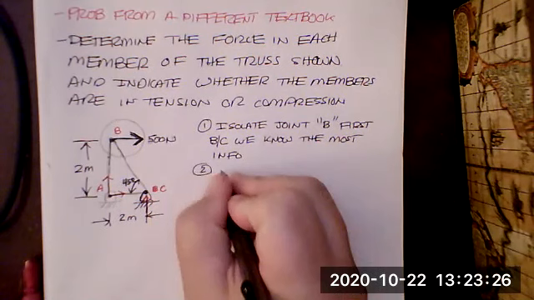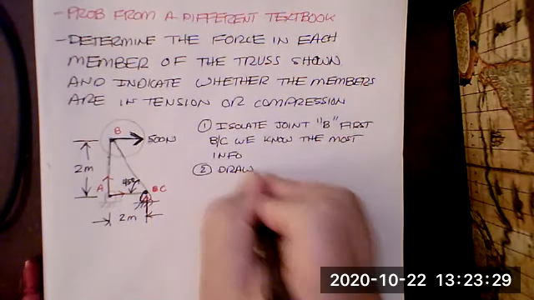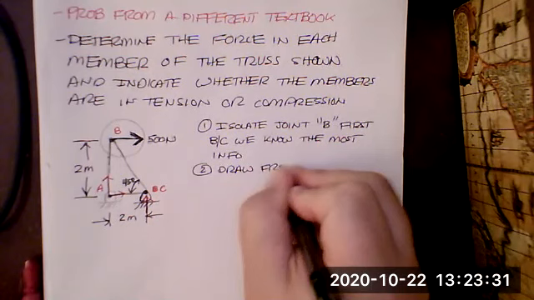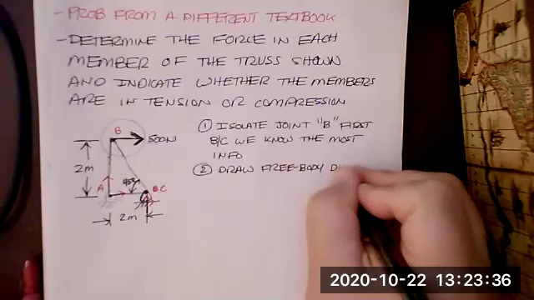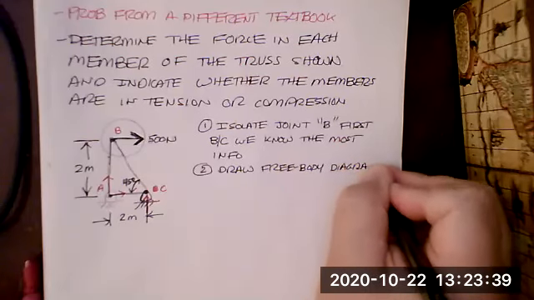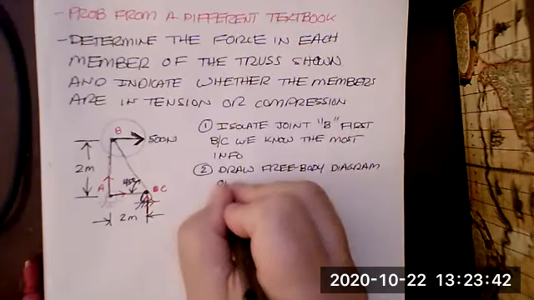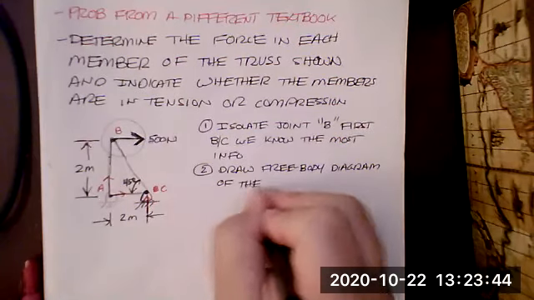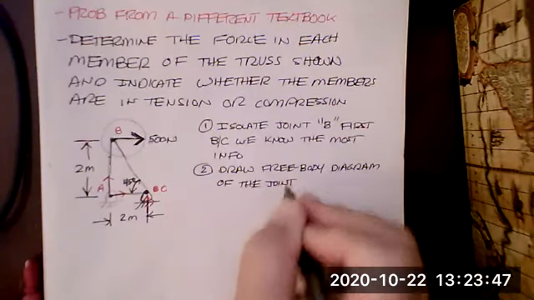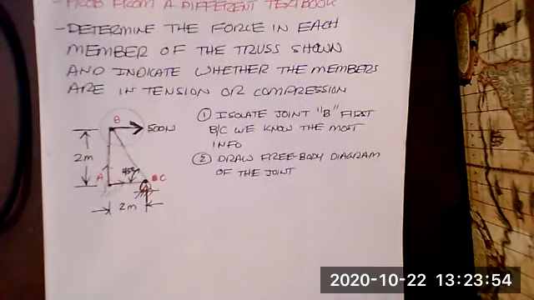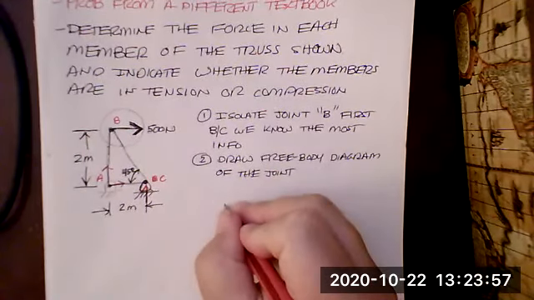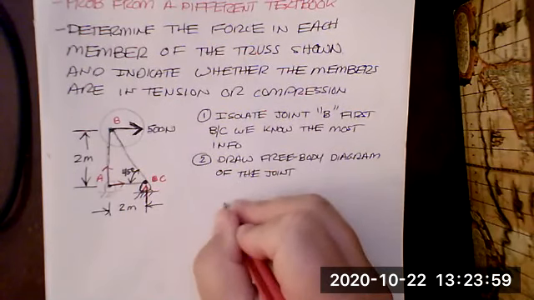Next, we're going to draw a free body diagram of the joint. So when I do that, I'm going to make a big dot there.